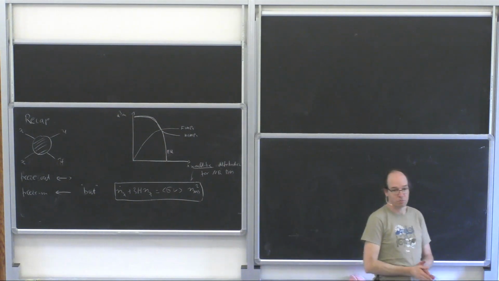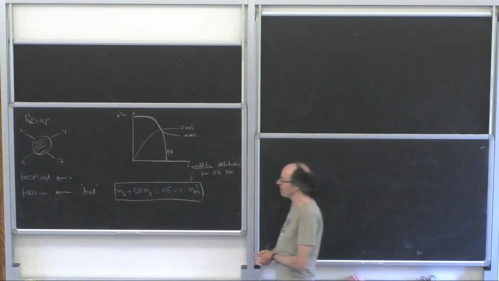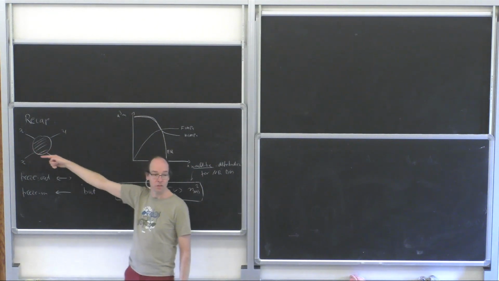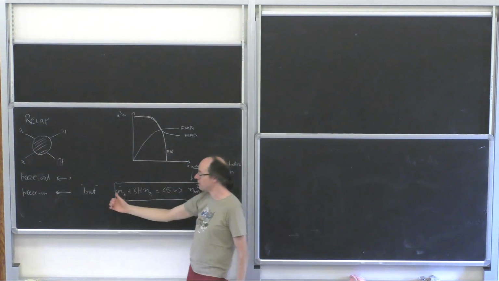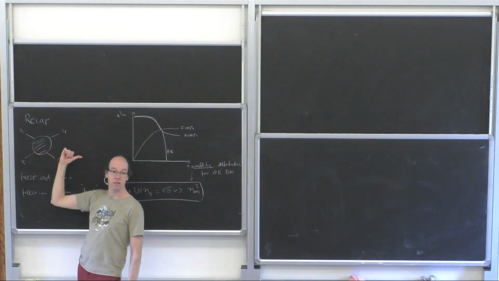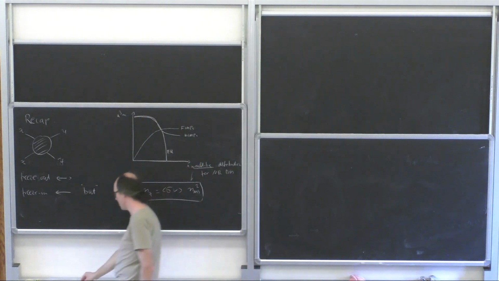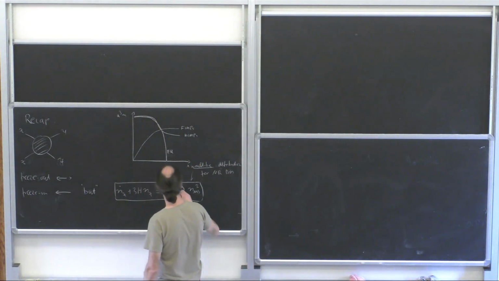And then I hopefully convinced you yesterday that even though physically this is the direction for the production, you can mathematically formally write it as a process in this direction. So this one here is actually the annihilation cross-section.